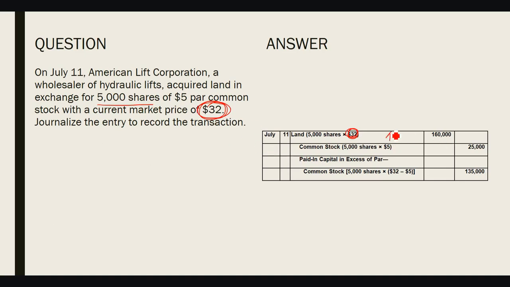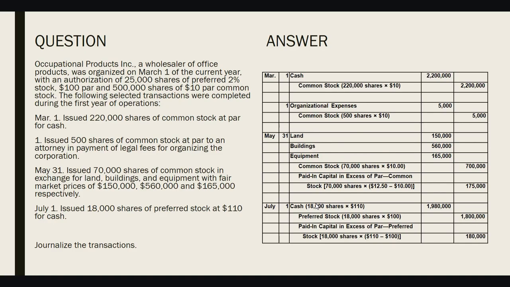Land is increasing in our business. And then we have common stock. Remember that must always be listed at its par value. They gave us that, so we're issuing out 5,000 shares at $5 each, is 25,000. And so the difference between the two is recorded and stored as a credit to the PIC account, paid in capital in excess of par, common stock, 135,000.